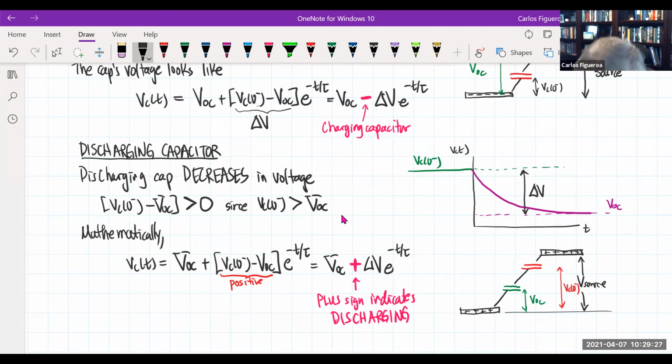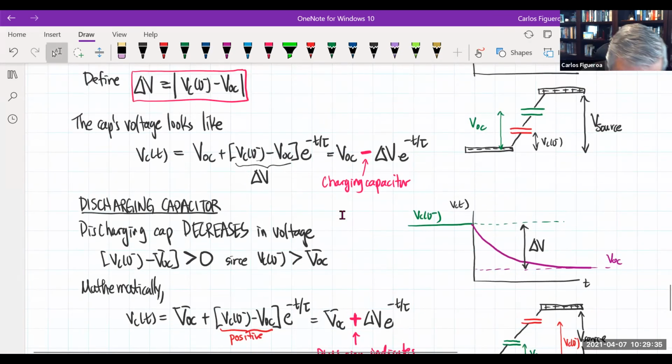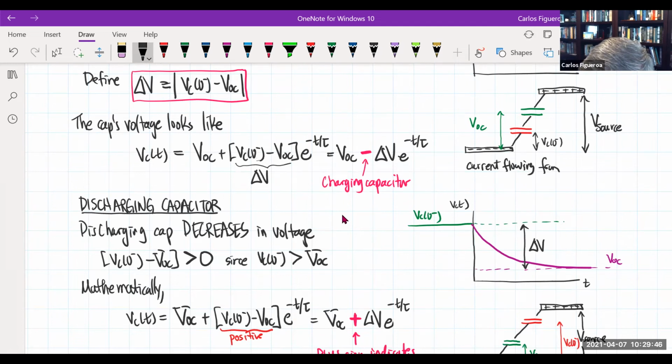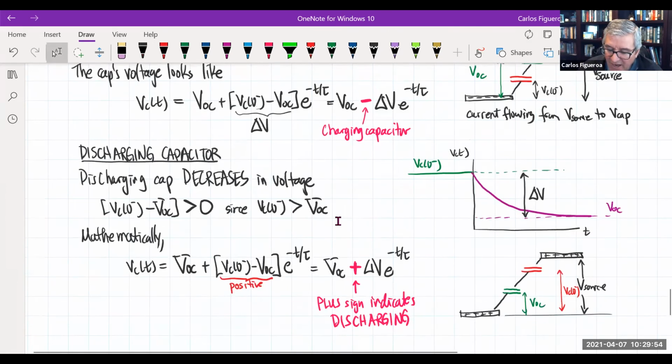And in the RC circuit, what that really means is that, how do I say that? In this circuit up here, there's still current flowing between V source and V cap. This is the opposite case.